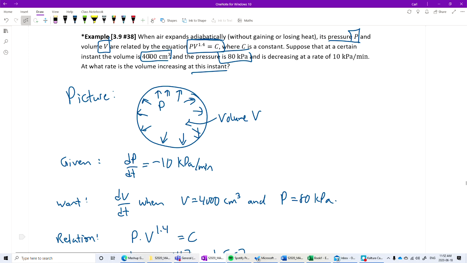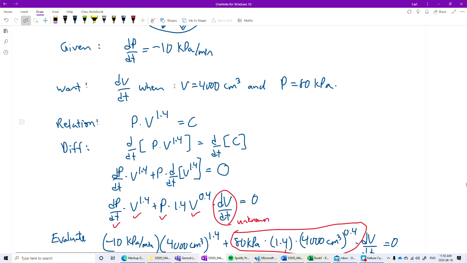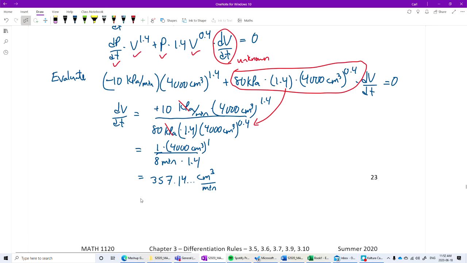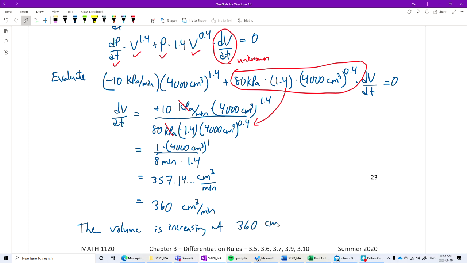If you know significant figures, let's round it off to 2 significant figures, just to be on the safe side. So that would be 360 centimeters cubed per minute. So we could say the volume is increasing at 360 centimeters cubed per minute.